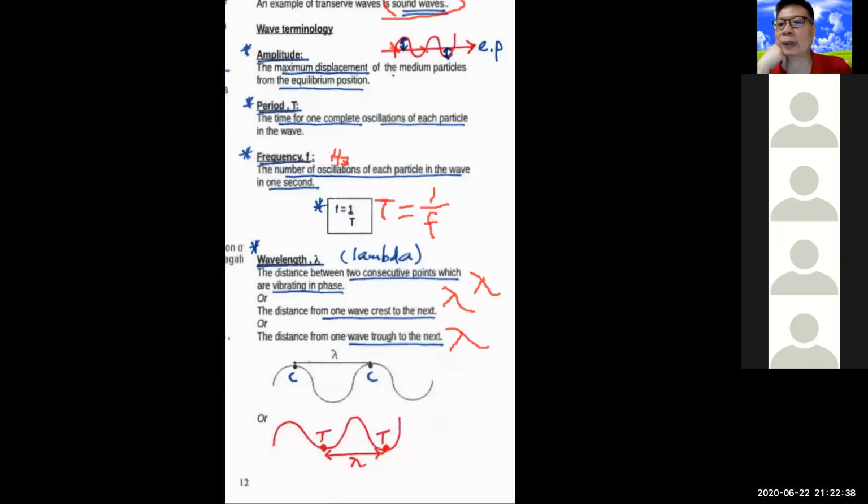Terry, what is the meaning of frequency? Number of oscillations made in 1 second. Normally, how to determine the frequency? How do we determine the frequency? We cannot measure the frequency.